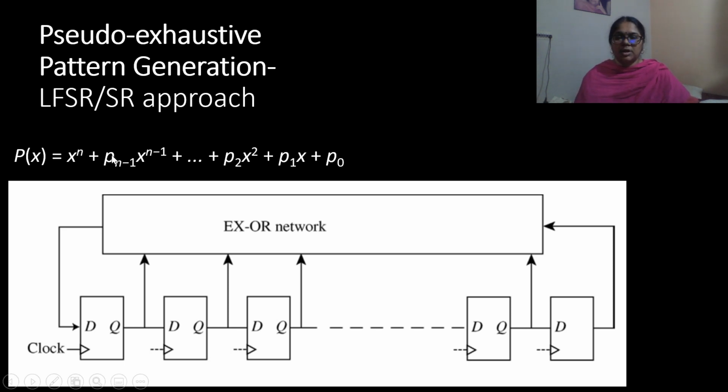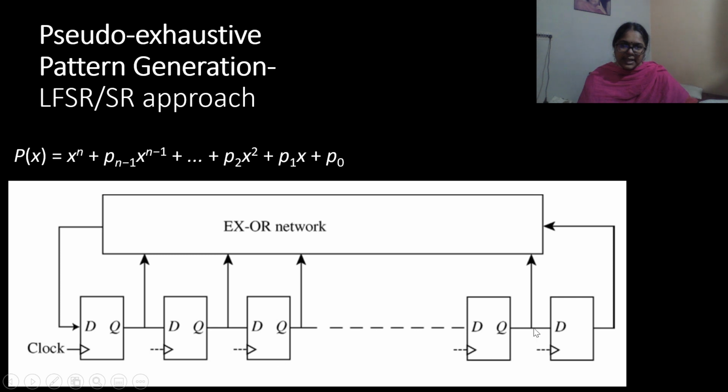The polynomial is represented in this fashion: x to the power of n plus Pn minus 1 x to the power of n minus 1, and so on, plus P2 x squared plus P1 x plus P0. This approach guarantees near minimal test patterns when the number of input variables on which any output of the circuit under test depends is less than half the total number of input variables.